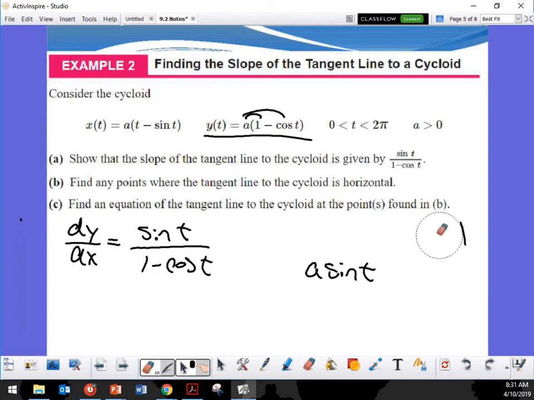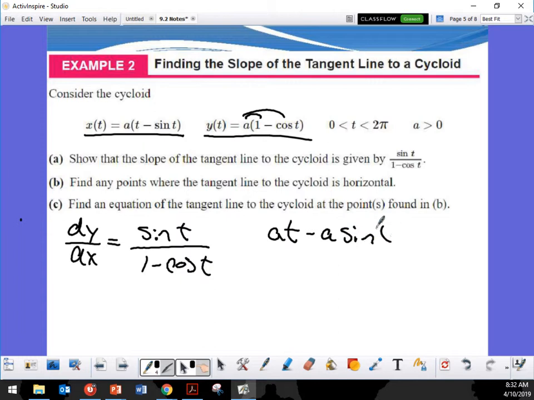Alright, I'm going to clean this. Now I have to do the same thing for my dx. So it's going to be At minus A sine t. The derivative of At is just A, right?